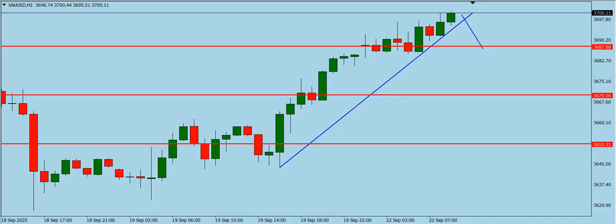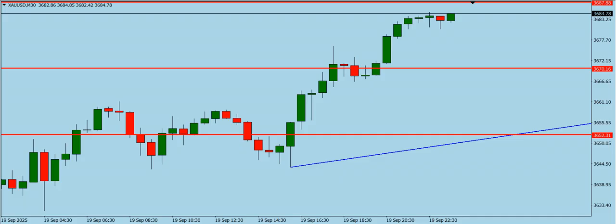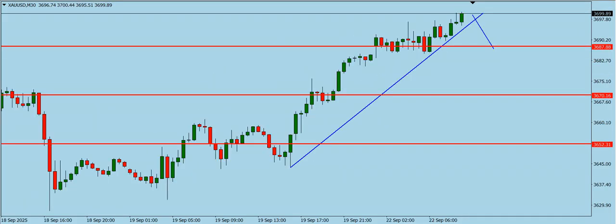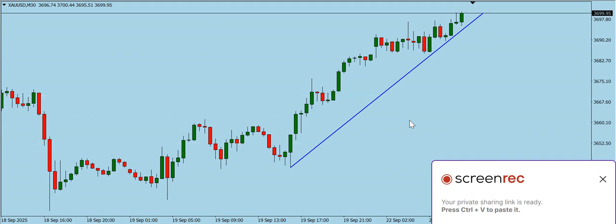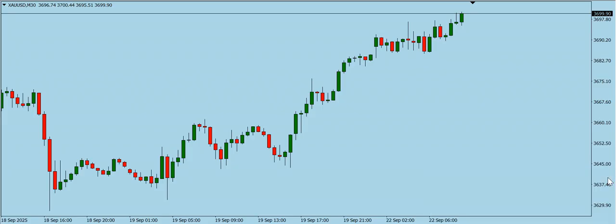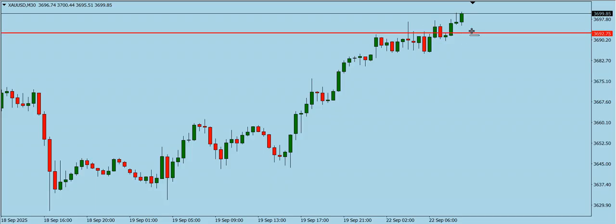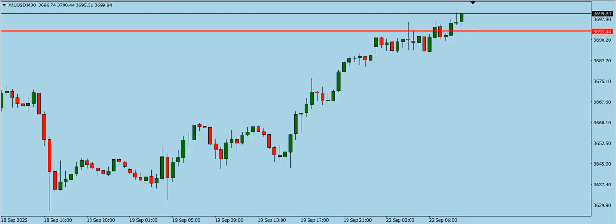On the 30 minutes time frame, price of gold is rising up, but where are the other blocks? We have this particular order block here, 3693.